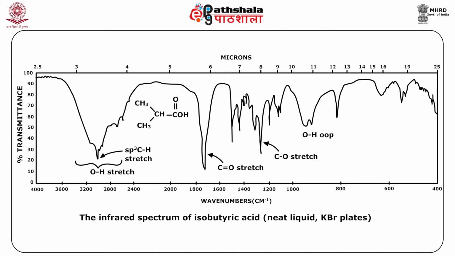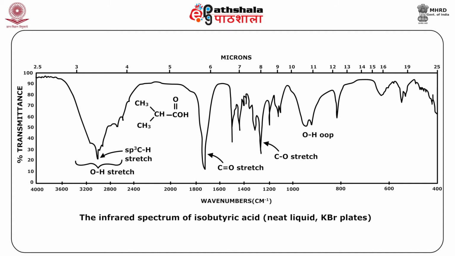The very broad nature of this band is attributed to the strong hydrogen bonding present in the dimer. In dilute solutions, the carboxylic acids attain a monomeric structure and the inductive effect of oxygen shifts the C=O absorption band to higher values, in the range of 1760 to 1730 cm⁻¹, than what is observed in ketones, around 1715 cm⁻¹.